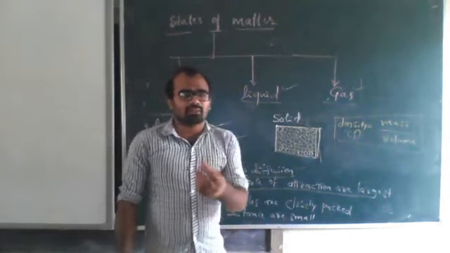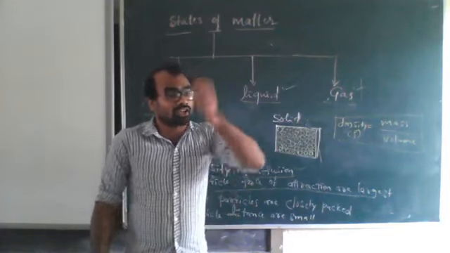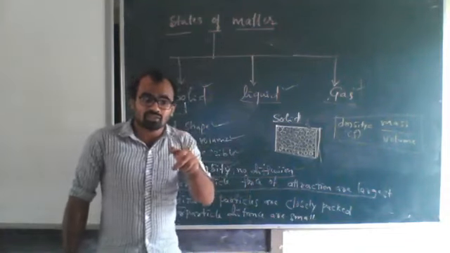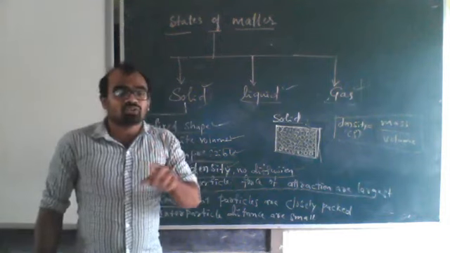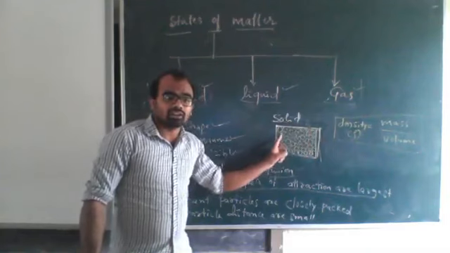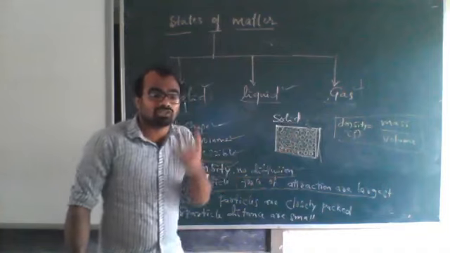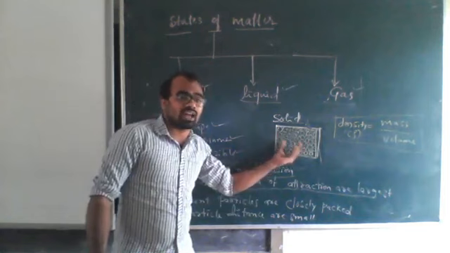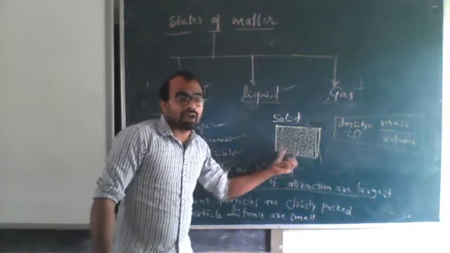If I take the example of a duster, it has a fixed shape and a definite volume. It cannot be compressed, that means it is incompressible. Next, no diffusion, high density. So by seeing this, what we can say is that the intermolecular force of attraction is largest, or the force of attraction between the particles is highest, and there is very little distance between the particles.